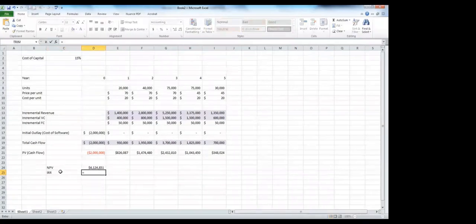IRR is just equal to IRR, and you take it out of the total cash flows, not your PV of cash flows, your total cash flow line, because what IRR is calculating is at what cost of capital my budget would have to be where my NPV is 0. So a higher IRR is great because that means I'm getting these high present values of cash inflow compared to my initial cash outflow.